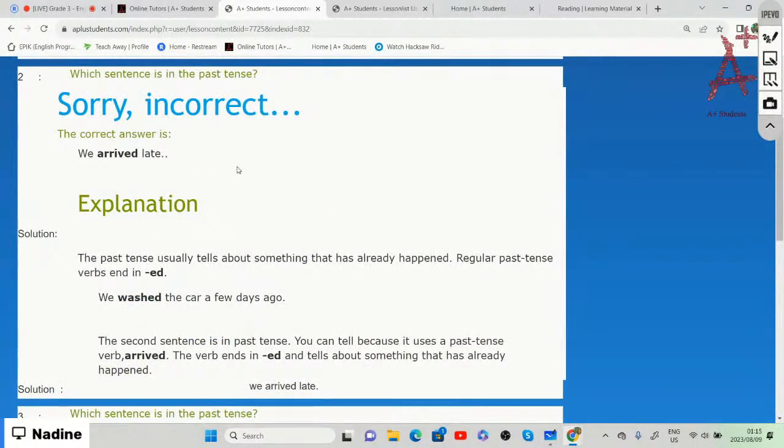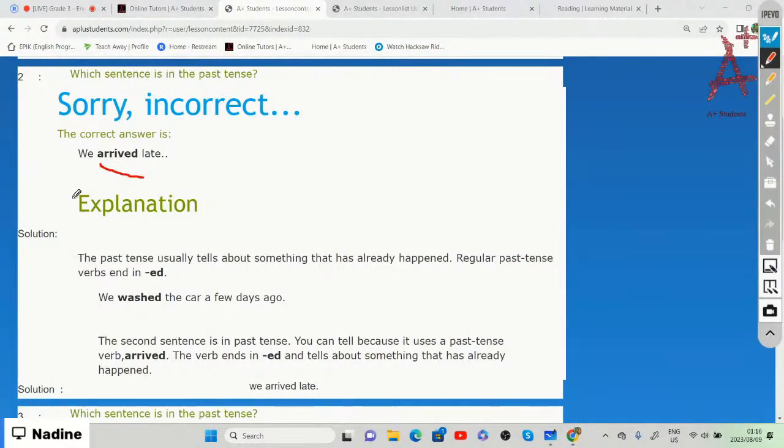We need to select the sentence in the past tense. We arrived late. We arrived late, which means that arrived is the correct word within that sentence, right?